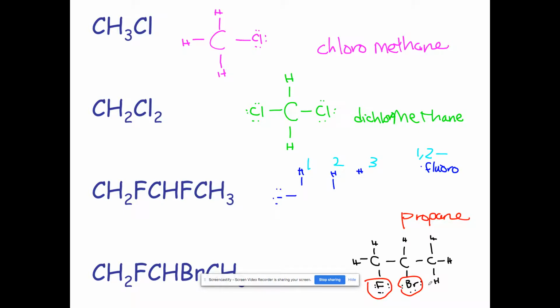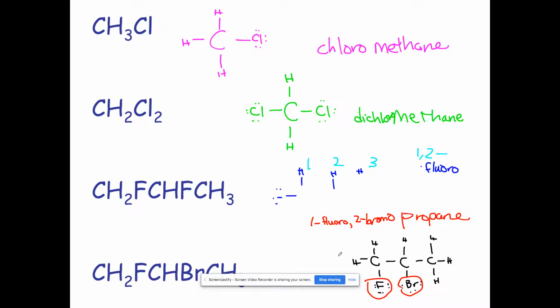Well, look on table R. Who is at the top? It's fluoro. Fluoro is more important. So fluoro is going to be off the first carbon. So we call it 1-fluoro. Bromo is on the second. 2-bromo. Propane. So bromopropane could be the whole thing, or you could have a little space here. I suppose it doesn't really matter. That's a halide.